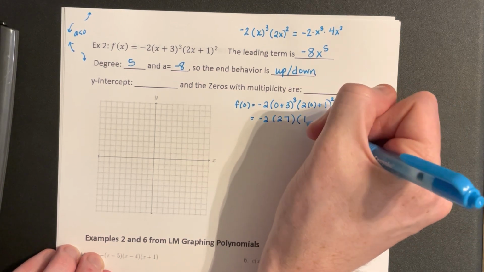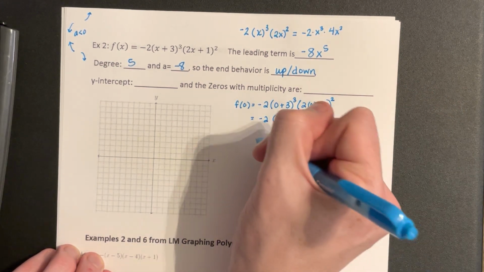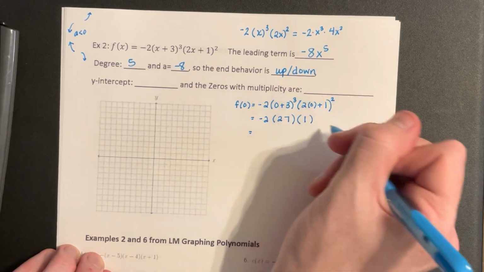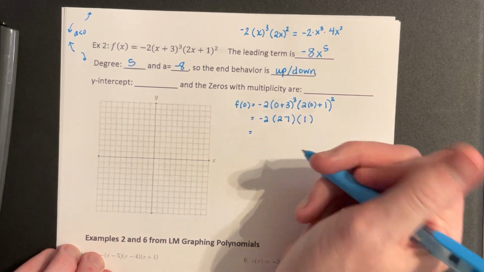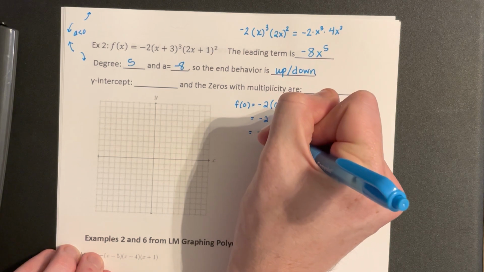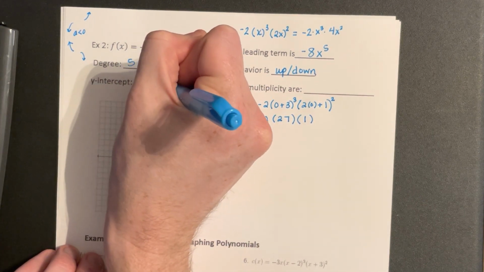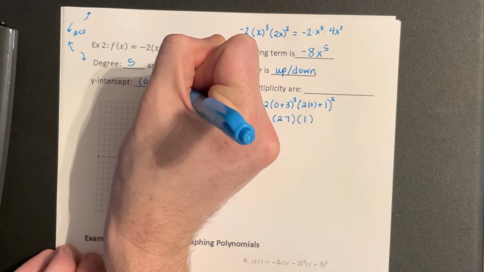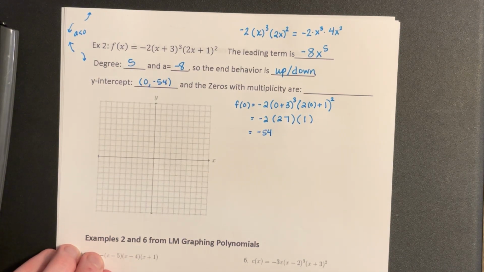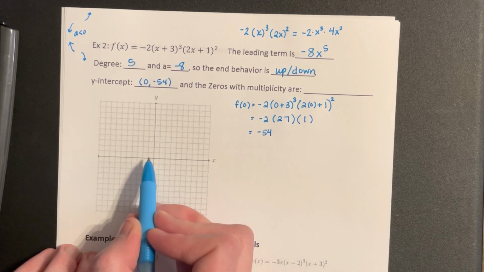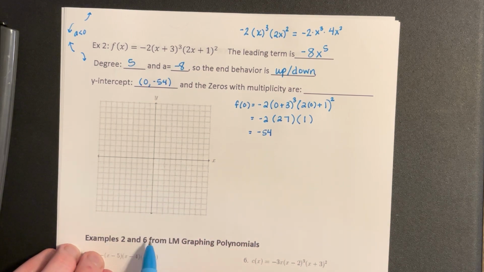So 1 squared is 1. And then we multiply that out. So 2 times 27 is 54. So again, -54. All right. That tells us automatically that I'm going to need a scale for this axis, because there's no way I'm going to get down to -54 if I count by ones.